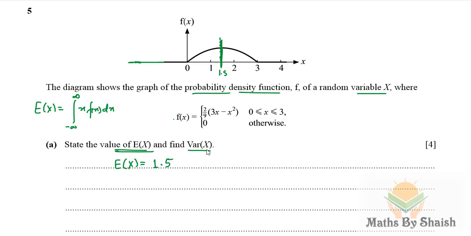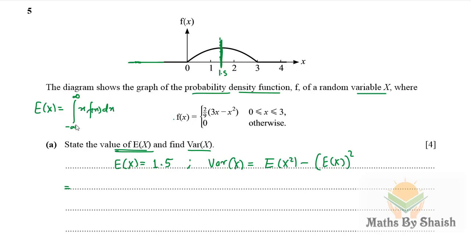Now we need to find the variance of x. So variance of x is expectation of x square minus the square of expectation of x. So we will calculate this now. Expectation of x square means, where for expectation of x it is x times f(x), here it is going to be x square times f(x).